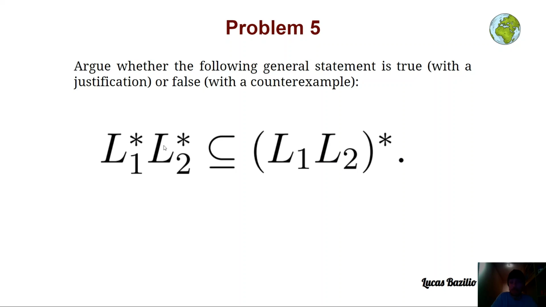Because if it were a sublanguage, all of the words that belong to this language must also belong to this resulting language. But this is not the case. We have just found a counterexample. The word AAB belongs to this resulting language, and this same word AAB does not belong to this language. Therefore, this statement is false, and we have given this counterexample. With this, we end the solution to this problem 5.